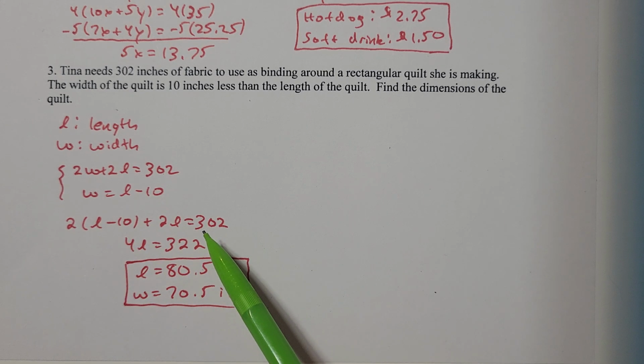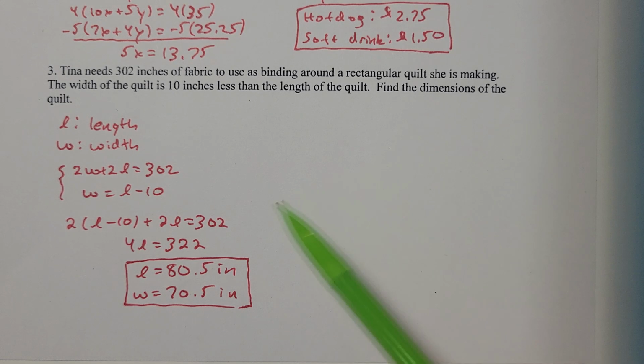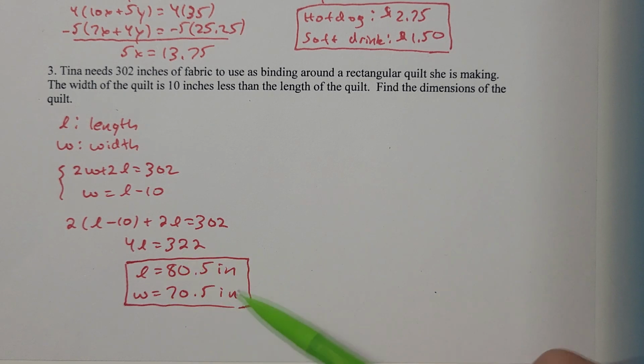If I add 20, 302 plus 20, that's 322. And then divide by 4. 322 divided by 4 is 80.5. So the length of the quilt would be 80.5 inches, and then the width would be 10 inches less than that, so it'd be 70.5 inches. Okay, and that'd be the answer.